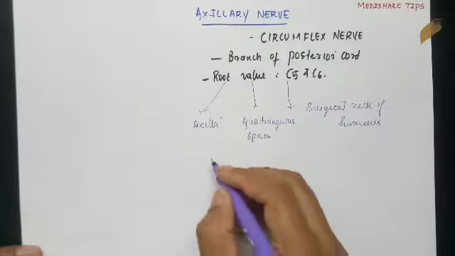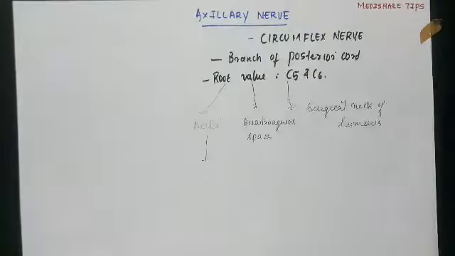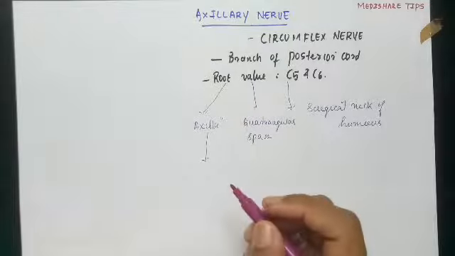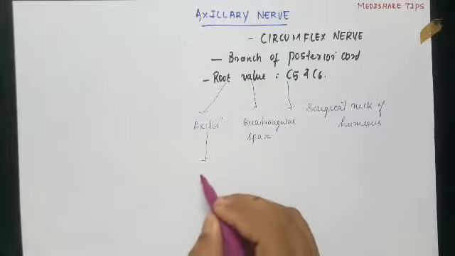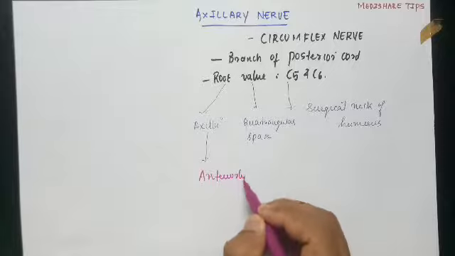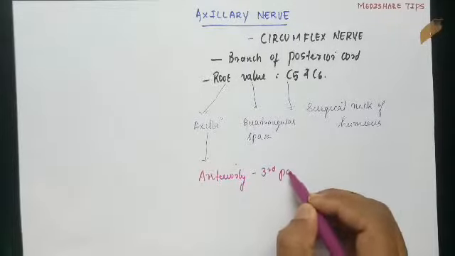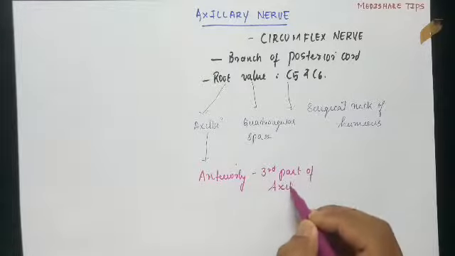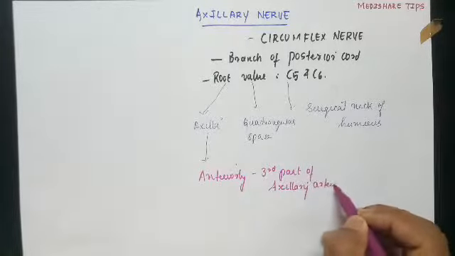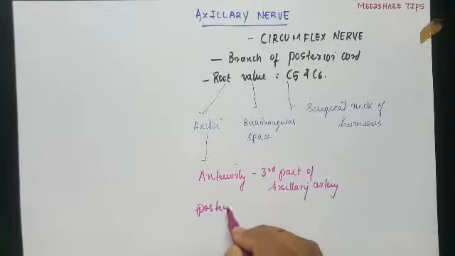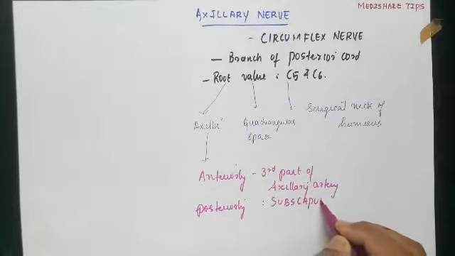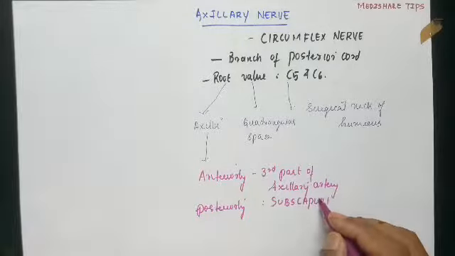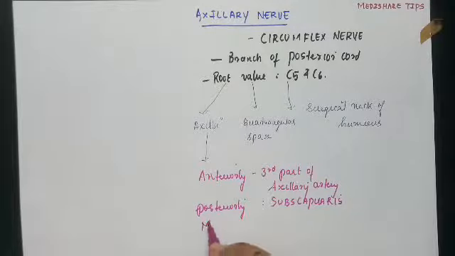So first in the axilla, it is related anteriorly to the third part of the axillary artery, and posteriorly to the subscapularis muscle, and medially to the radial nerve.